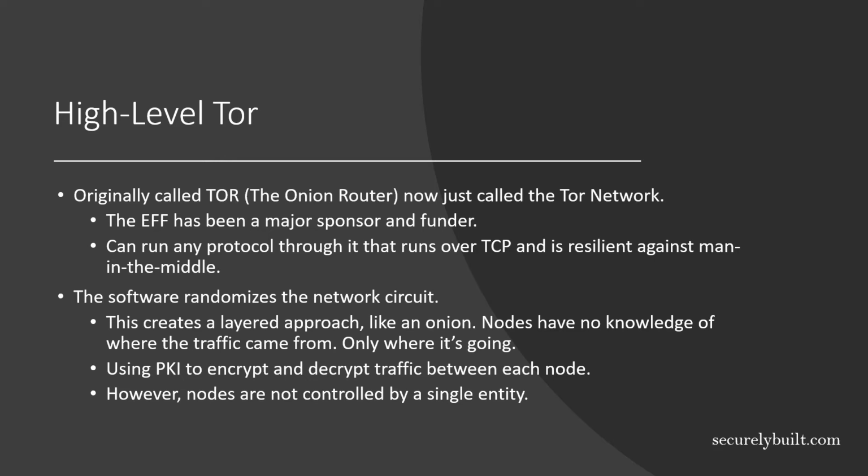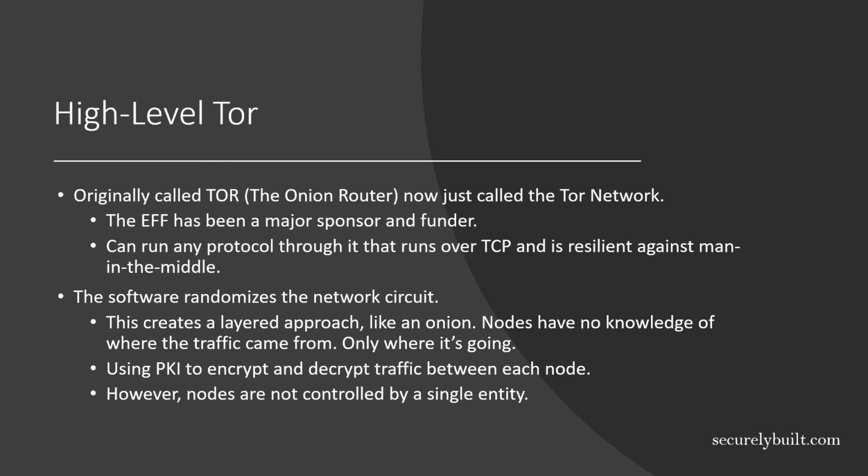So there's a lot of different nodes within the Tor network, and some may be run by nonprofits. Some might be run by universities. Some might be run by individuals, but nobody owns the Tor network.